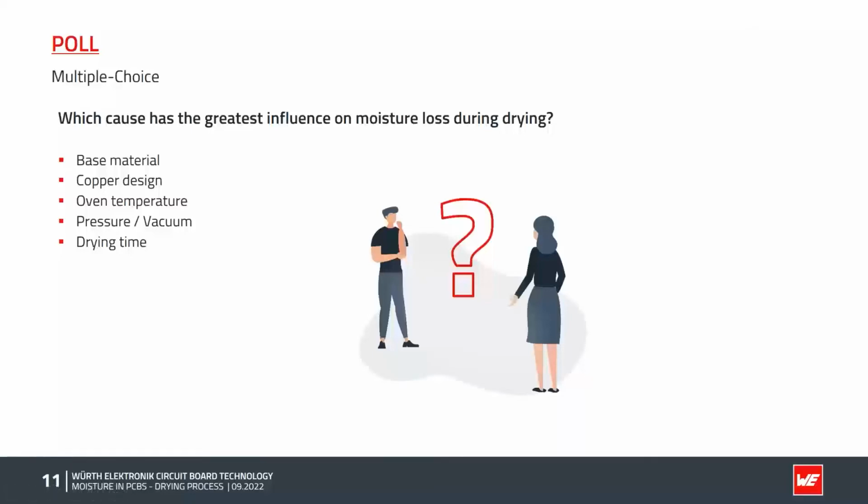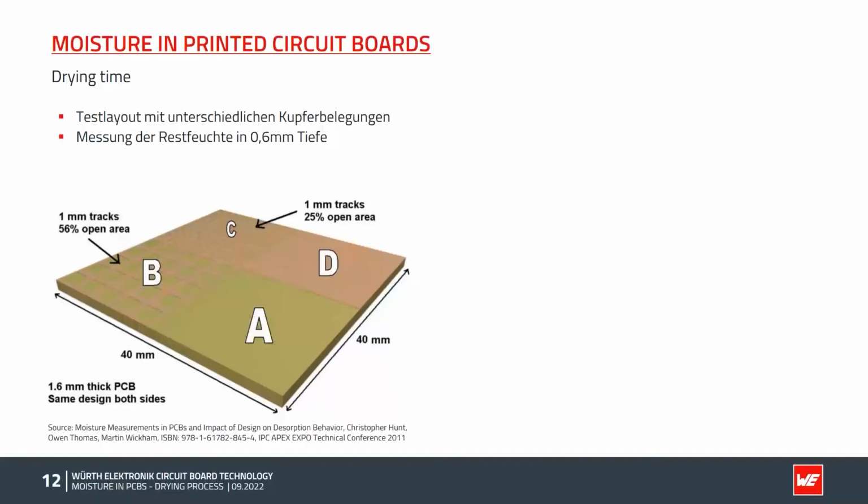So let's move on. So here we can see a test design. The test design shows us four different sectors. Sector A without any copper. So the PCB is a double-sided PCB, and the copper design is the same on both sides, 1.6 millimeter thick. And the test procedure was as follows. The board was loaded with humidity, with moisture, fully loaded.